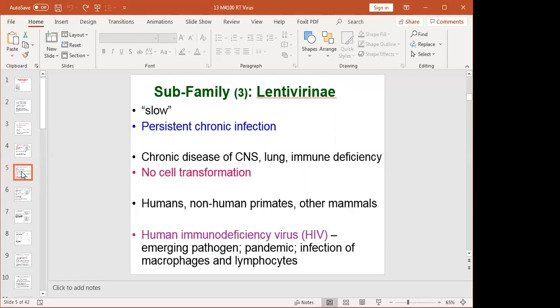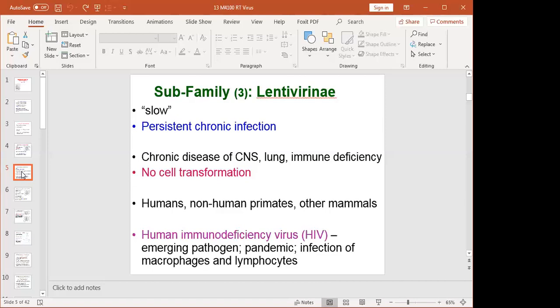Rather, they cause chronic diseases of the central nervous system and lung, and they can also affect immune cells, causing immunodeficiency. The host range includes humans, non-human primates, as well as other mammals.